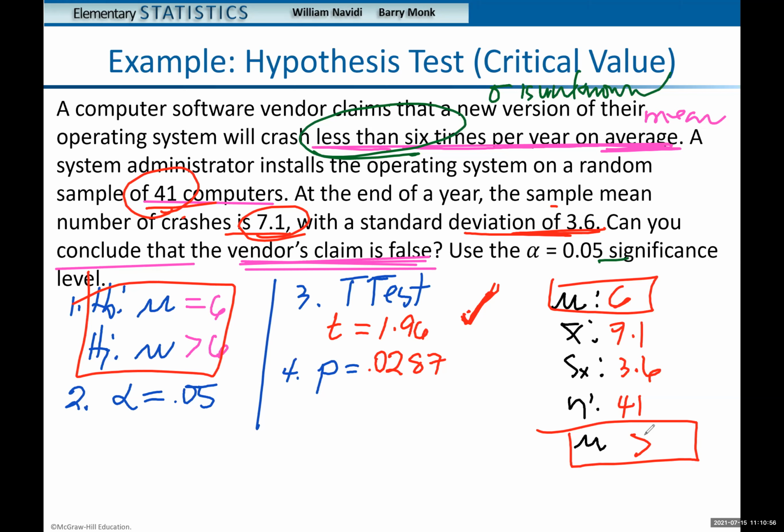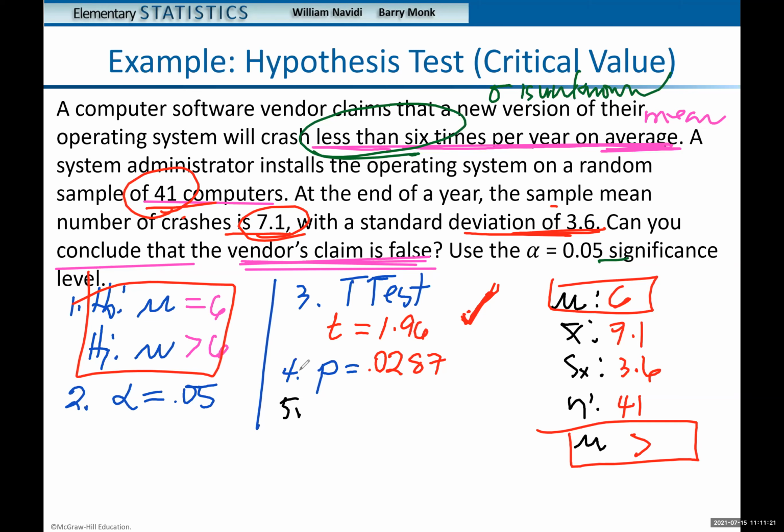Any other questions? Then step 5. What is step 5? State the conclusion.